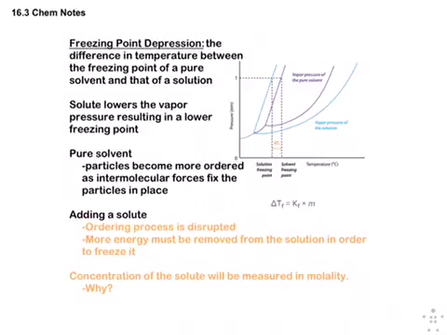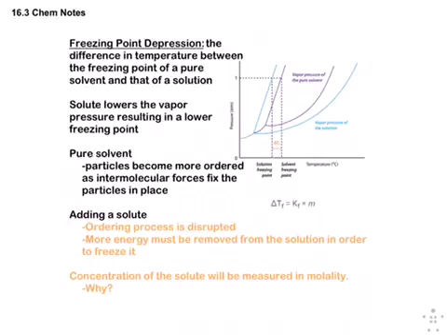So water freezes at 0 degrees Celsius, but if you put salt in that water, it changes the freezing point. The reason is, remember when water freezes, it gets that hexagonal crystal structure? But when you throw a salt particle in there, it dissociates into the positive and the negative ions, and that ion is in the way of that crystal structure. And so it takes more energy to break those bonds.